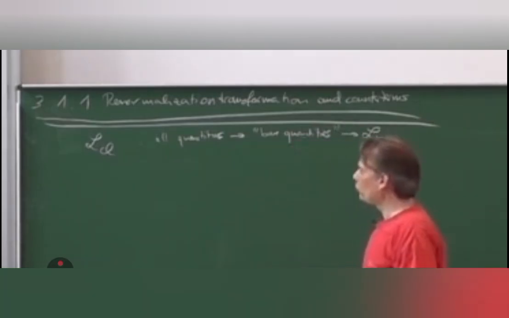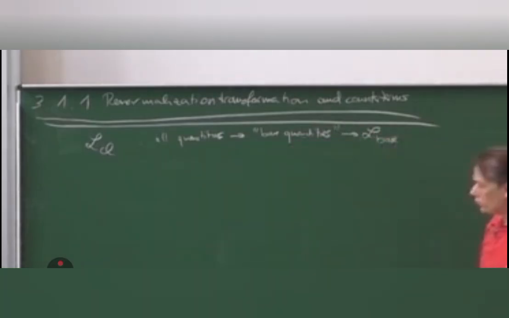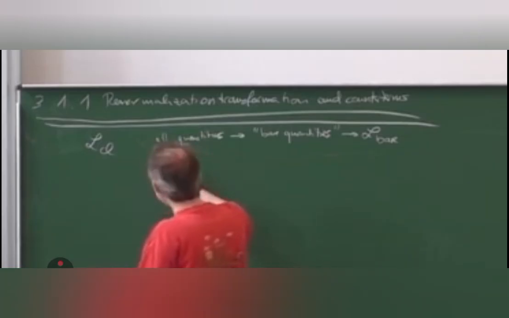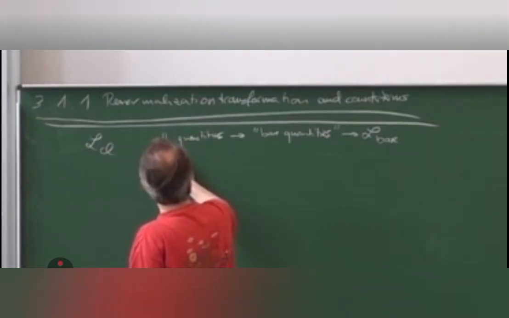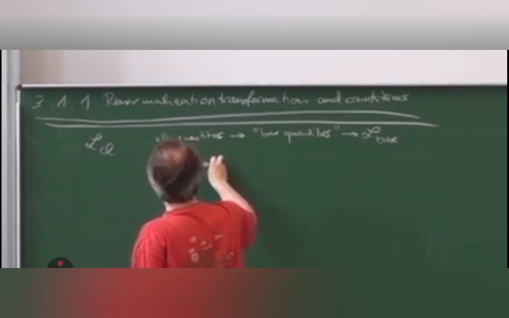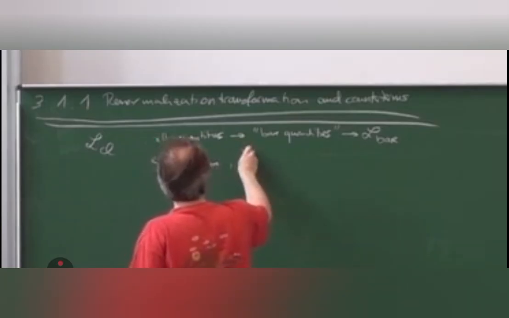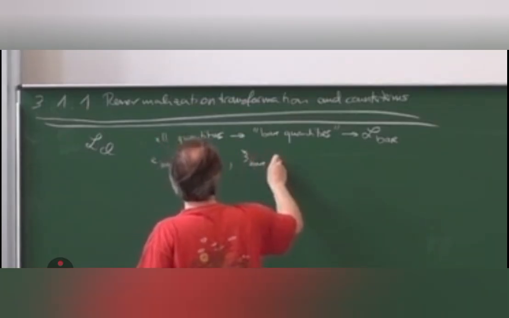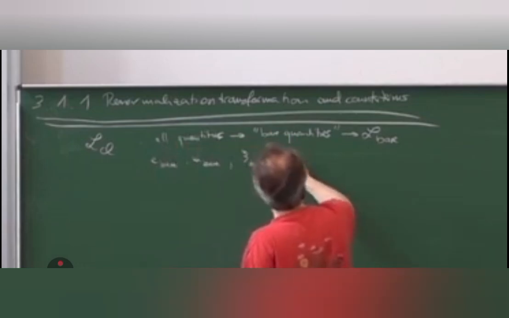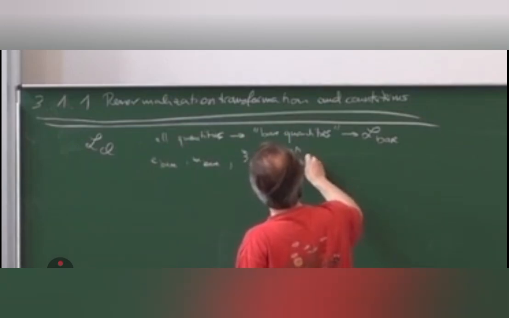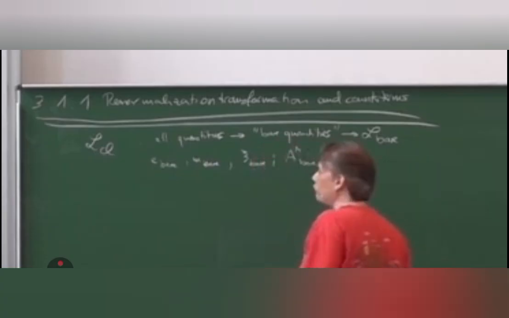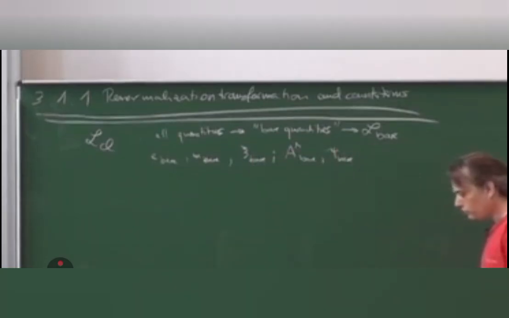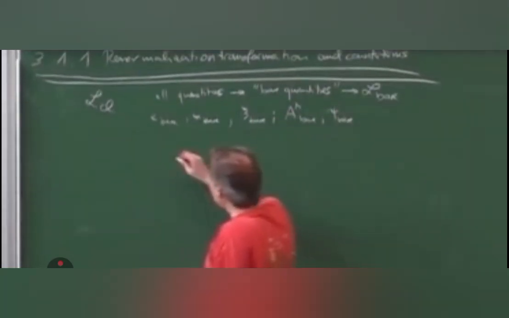And what are those bare quantities, and how are they defined? So they are bare quantities e bare, m bare, xi bare for the parameters, then A mu bare, psi bare for the fields. And then those are written as follows.